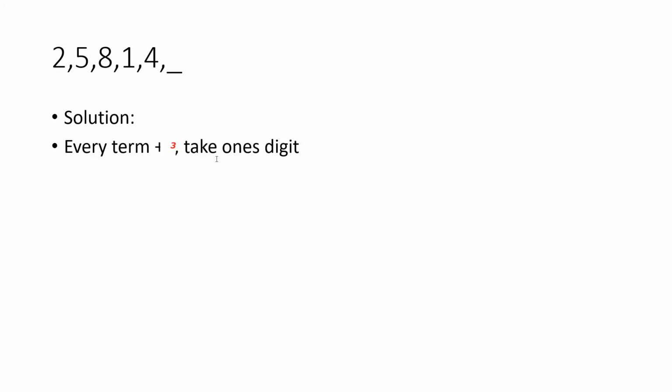So every term plus 3, the ones digit. Alright. So how we see that is 2 plus 3 equals 5, correct? And also 5 plus 3 equals 8. But 8 plus 3 equals 11. Okay, so we only take the ones digit of 11 and make it into 1.